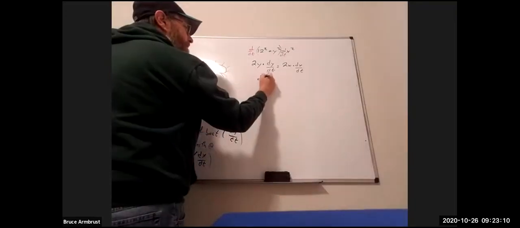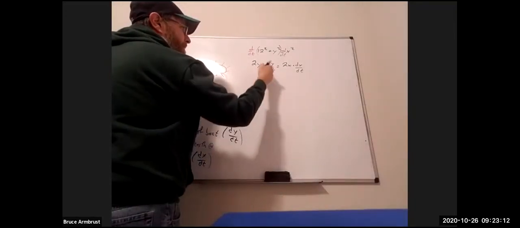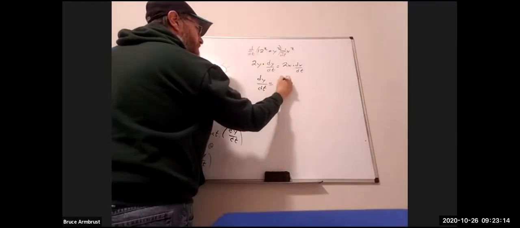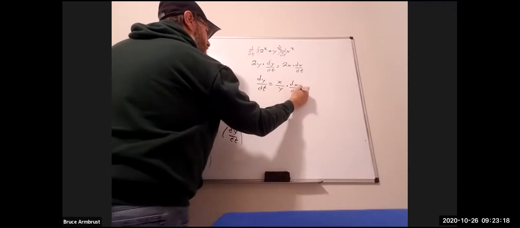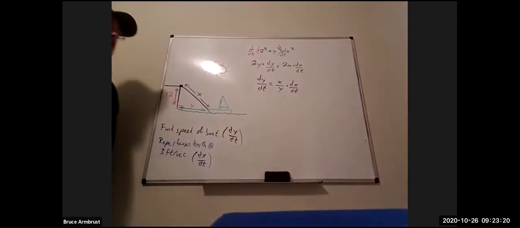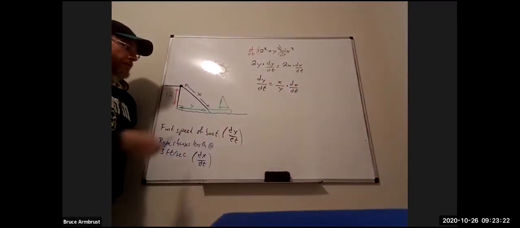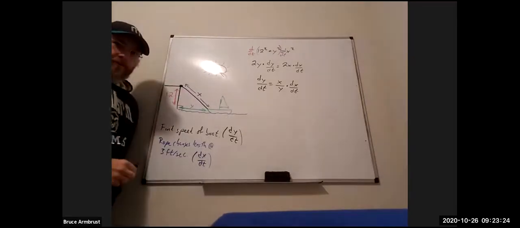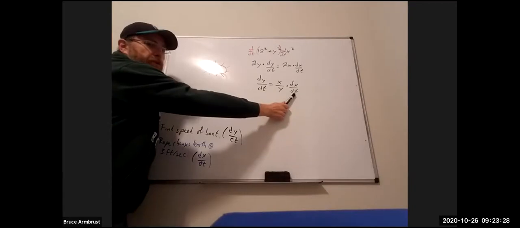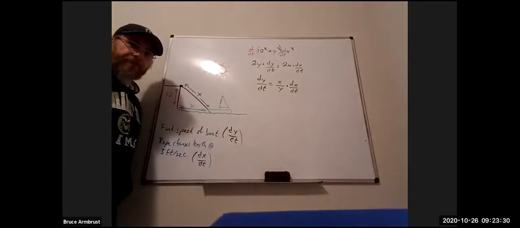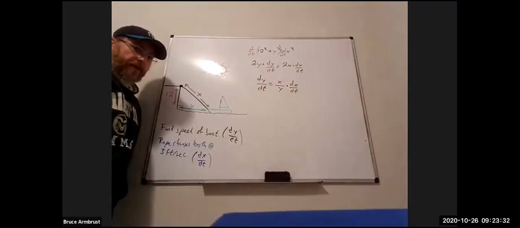dy/dt, I'm going to divide by 2y, so that's going to give me x over y times dx/dt. So if I want to know how the speed of the boat is changing, I need to know how quickly the rope length is changing, and that should make total sense.